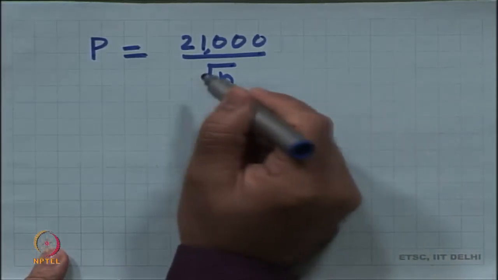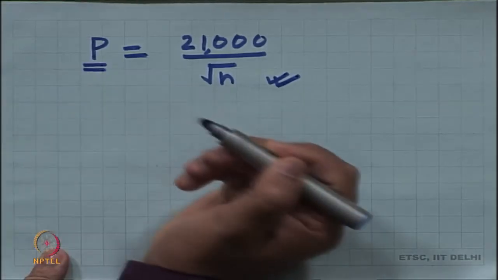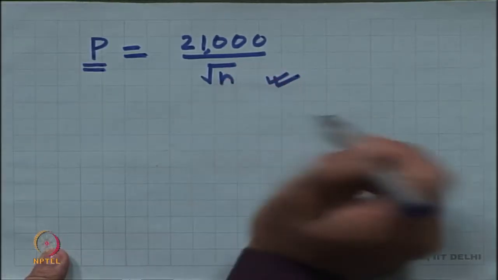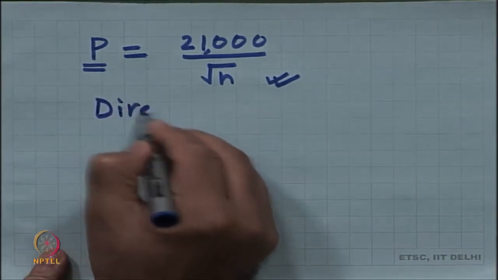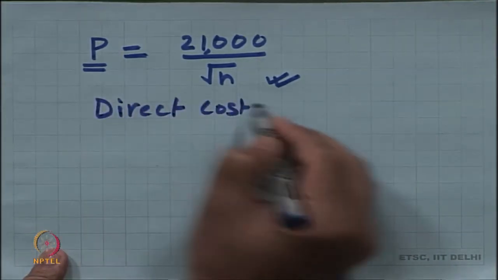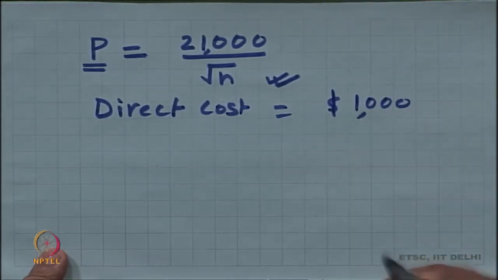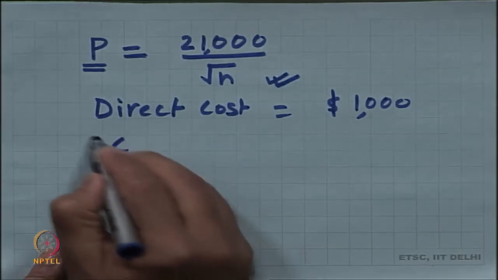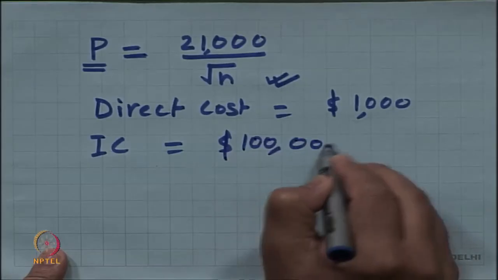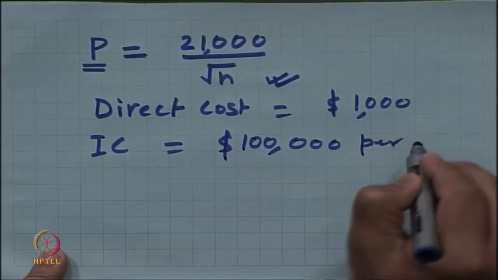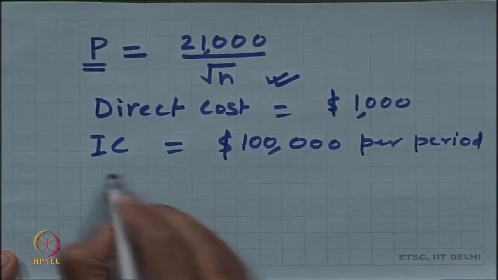That means the relationship between the quantity sold and the price that you are charging is captured by this equation. We are also given the direct cost as, let us say, $1,000. Let us say the indirect cost is given to be 100,000 for a particular period. So, we say it is per period. So, these are the inputs.